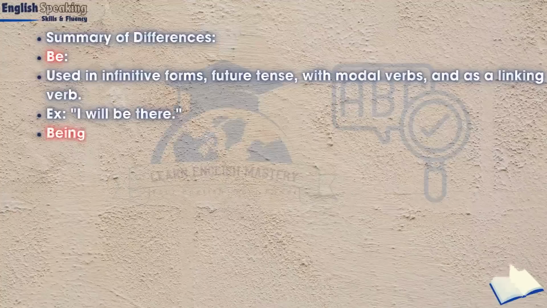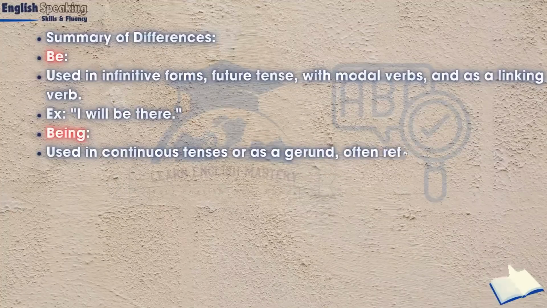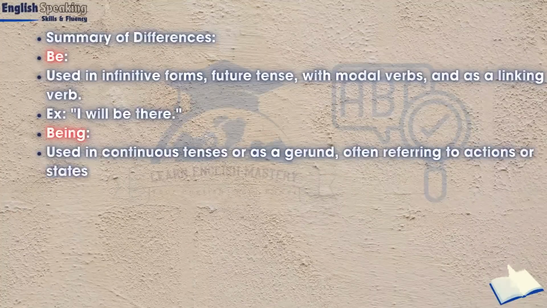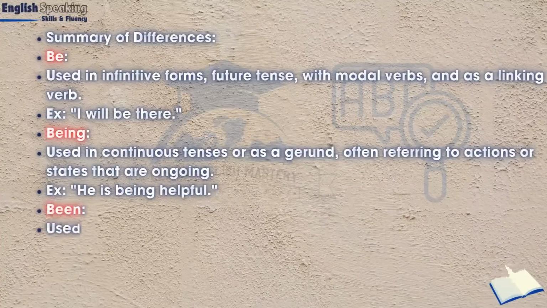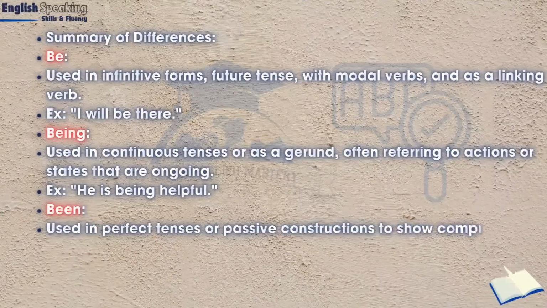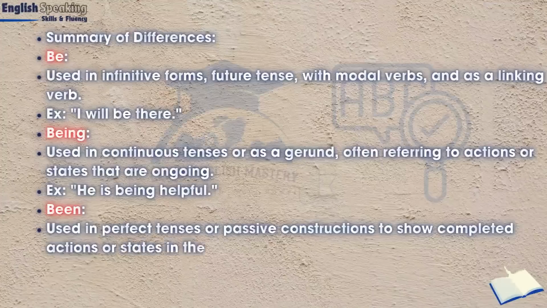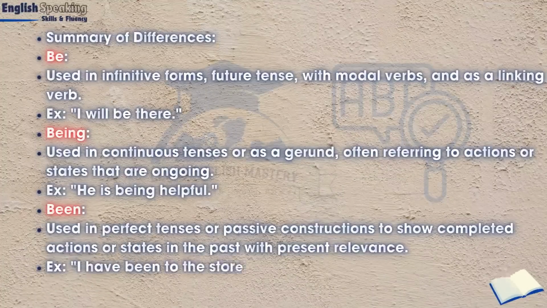I will be there. Being, used in continuous tenses or as a gerund, often referring to actions or states that are ongoing. He is being helpful. Been, used in perfect tenses or passive constructions to show completed actions or states in the past with present relevance. I have been to the store.